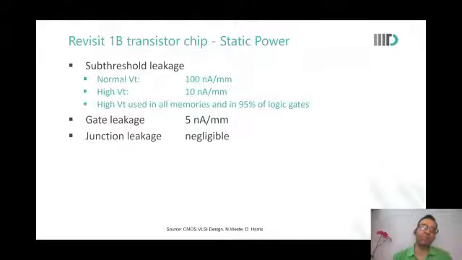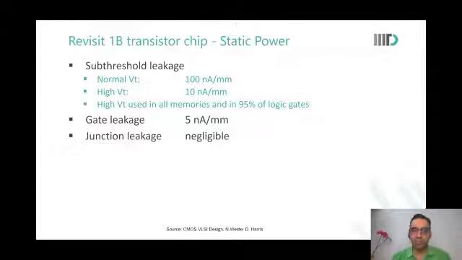So now we are just adding in some more details so that we can estimate the leakage of that chip also. We are saying that the leakage current in the normal VT device is 100 nanoampere per millimeter, and that of a high VT device is 10 nanoamperes per millimeter. HVT devices are used in all the memories, and 95% of logic gates are also high VT.